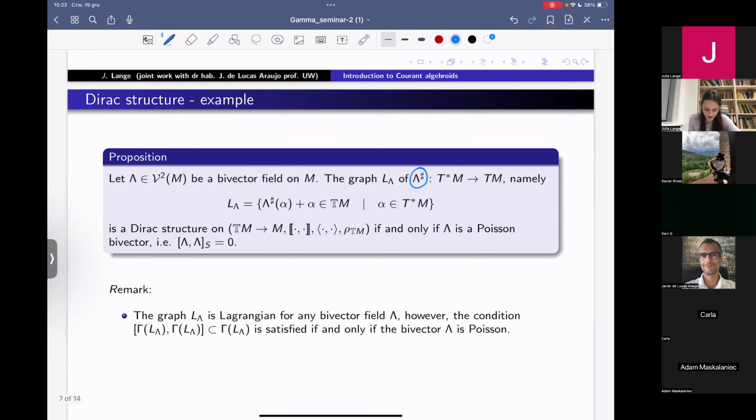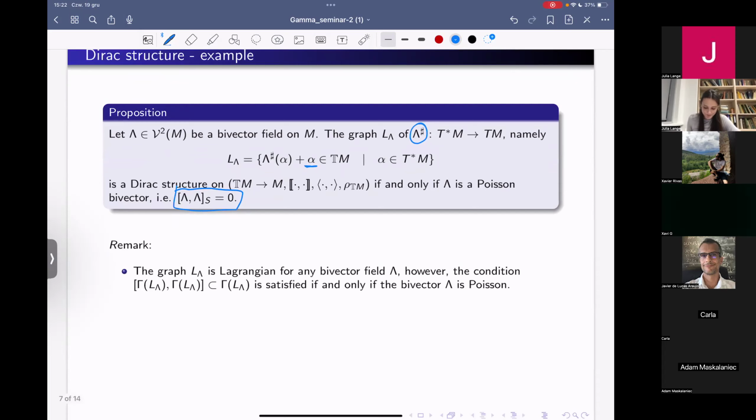So our bundle L_lambda would consist of all one forms and the image of these forms through lambda. Okay, it turns out that this bundle is a Dirac structure if and only if lambda is a Poisson bivector. In other words, the Schouten bracket of lambda vanishes. This is equivalent to saying that lambda is a Poisson bivector.